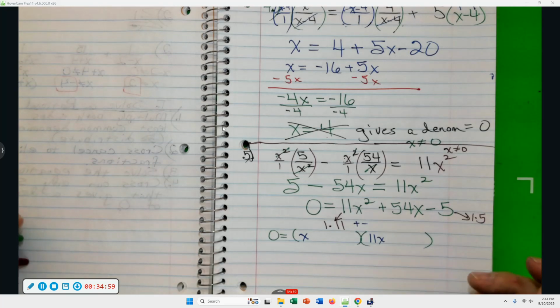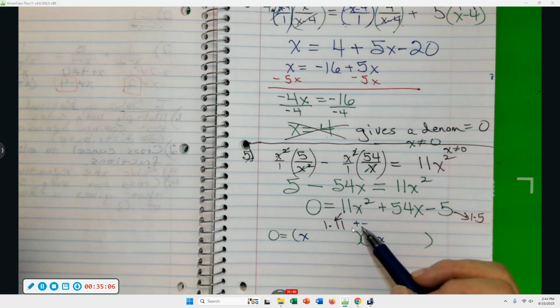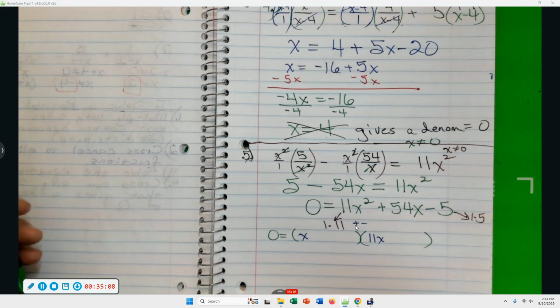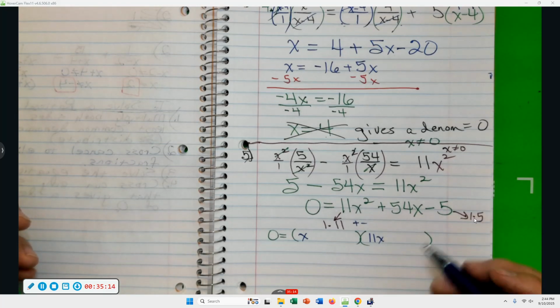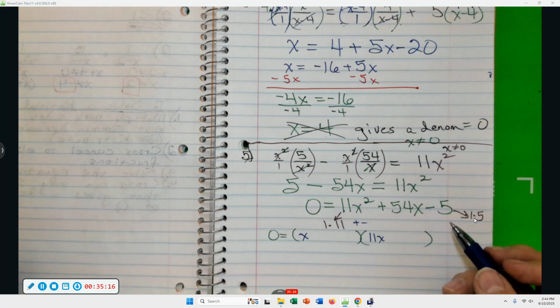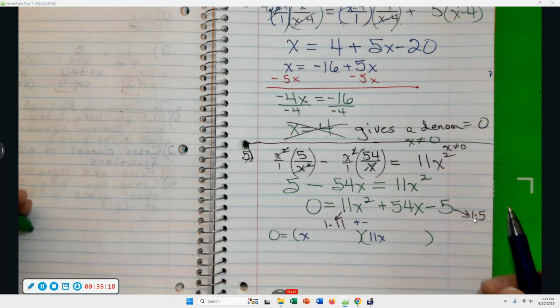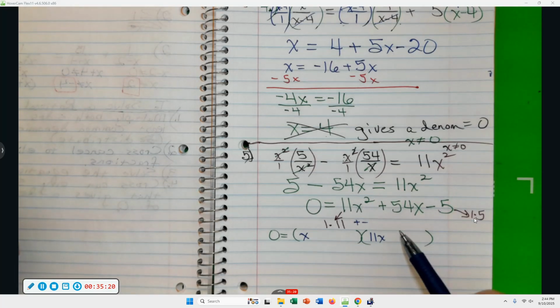You're asking yourself, what type of numbers multiply to give a negative 5? Well, it's got to be a positive and a negative. So you can logic your way through. Okay, 5. 1 times 5. I'm going to think through this as I place the 1 and the 5. What do we want the outer and inner to give us?